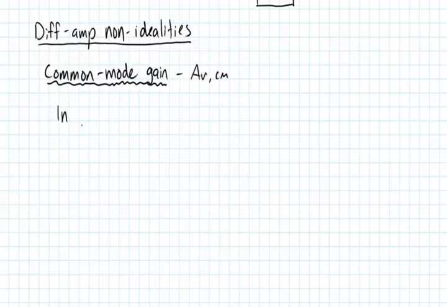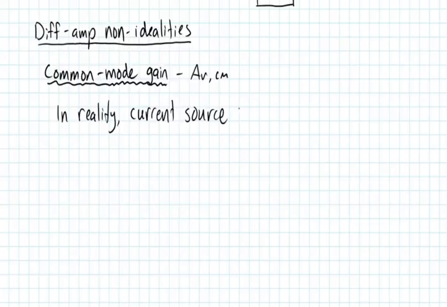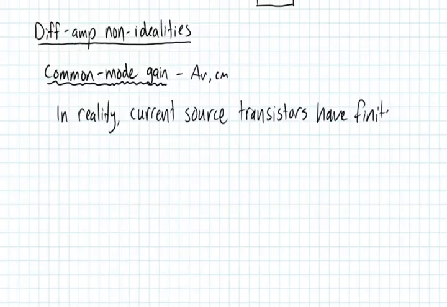So in reality, current source transistors do not have infinite output resistance, but actually have finite R0.